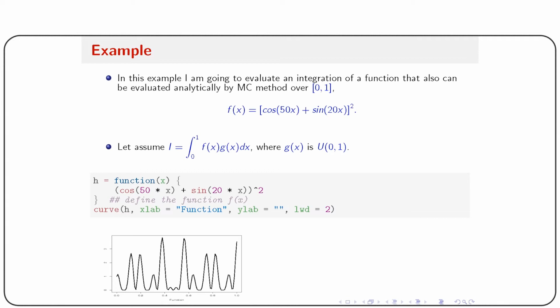If you draw this curve, you can see the distribution of this function. This is a combination of cos and sin functions, drawn by curve with h, xlab equals x, ylab equals this, and lwd equals 2. Then this curve function can be used to draw the curve of the function.